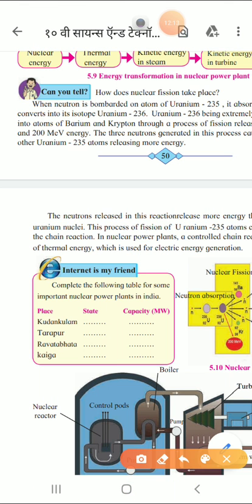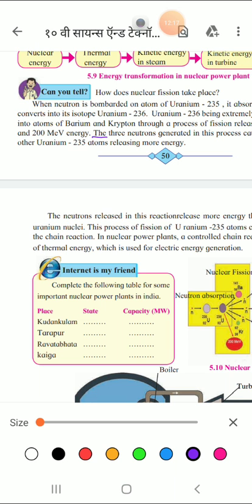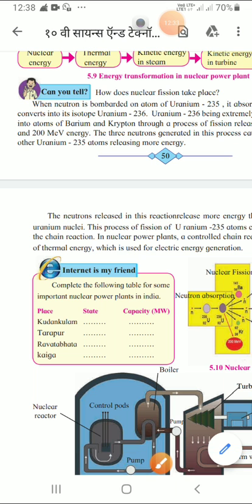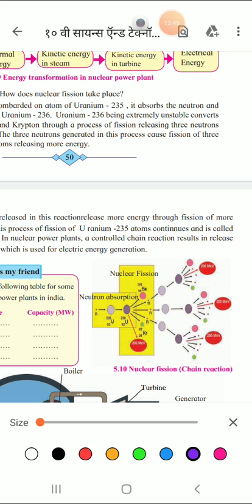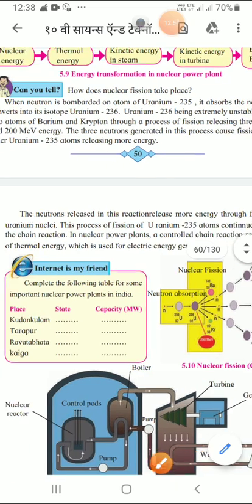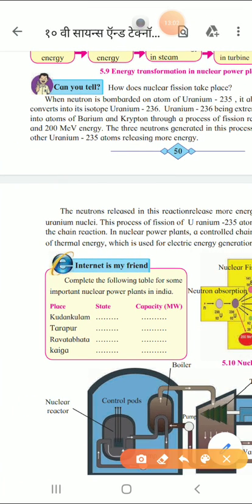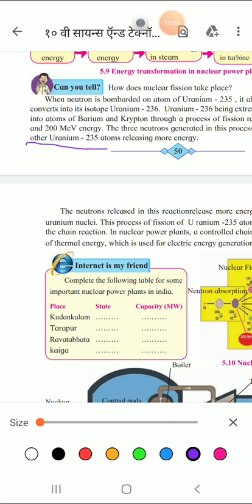See this point: the 3 neutrons generated in this process cause fission of 3 other uranium 235 atoms, releasing more energy.